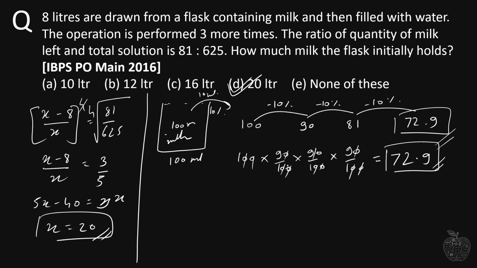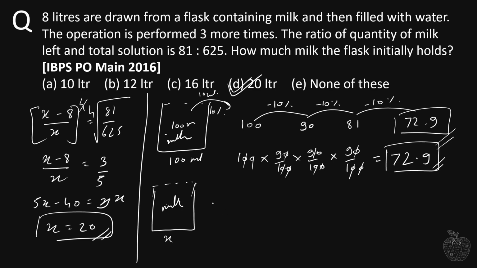So this method and this method make no difference. What we'll do is use this same logic in our question as well. Our question says that we are not given the total volume of the flask. So let's assume that this is x, and this is entirely filled with milk.